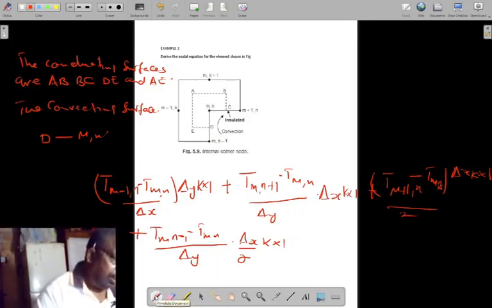And then lastly we have plus h delta y over 2 times 1 (T infinity minus Tmn).